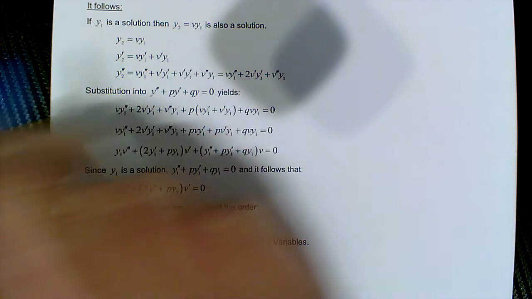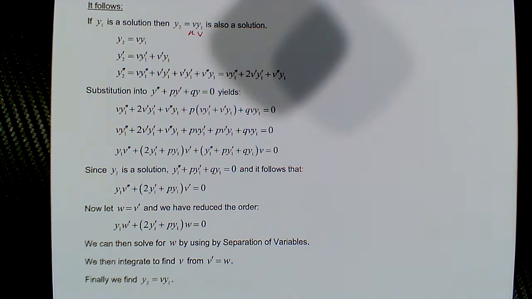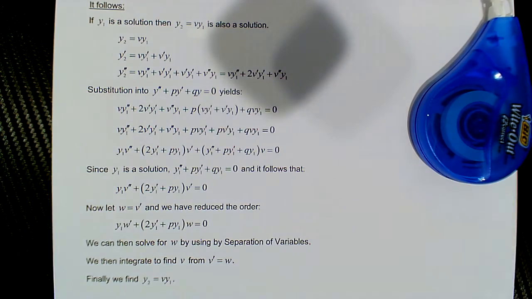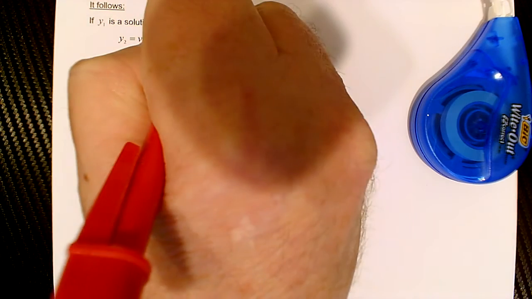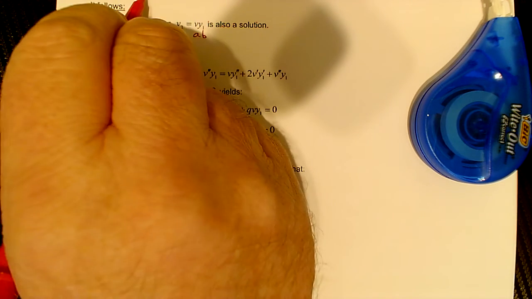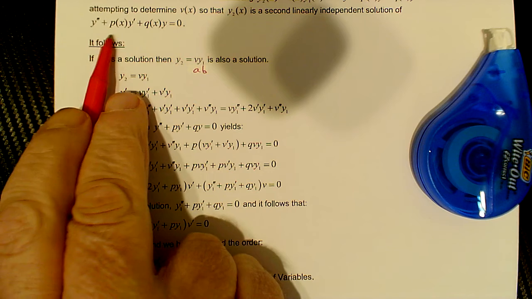That means we need the product rule to find the derivative of vy1. So treat it as u times v. I guess that's confusing, right? Let's do a and b. So for the first derivative, because we're going to take two derivatives and substitute it into this general equation.